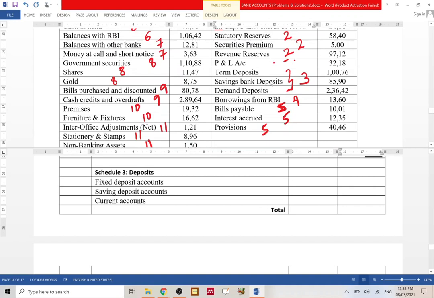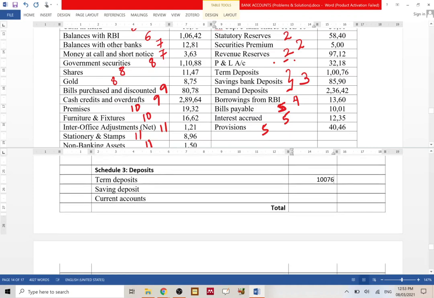Again simple posting of all of these. We have the first one, term deposits. Instead of fixed deposits in this problem you are given term deposits. Amount of the same is, and write it in the inner column, 10,076. Then savings bank deposits, you are given 8,590.